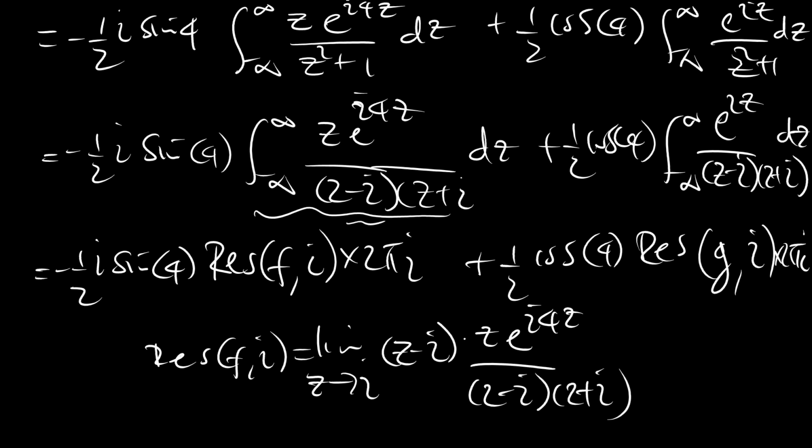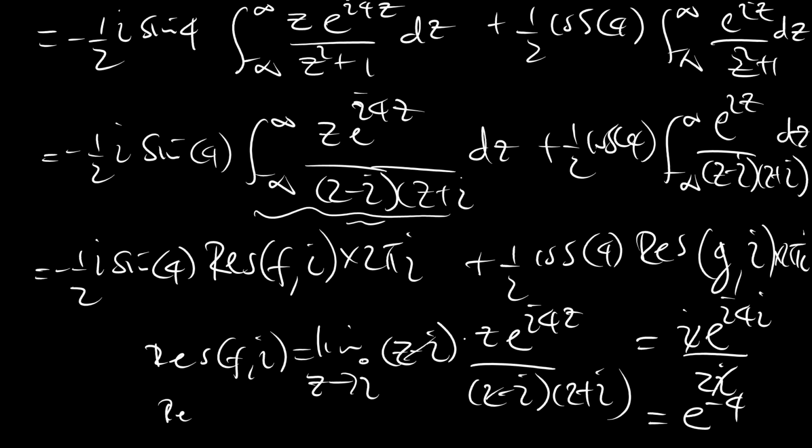So at that point of singularity, what do we see here? So this is, so just go and we have i e to the i4i over 2i cancel, so we're getting e to the power negative 4.